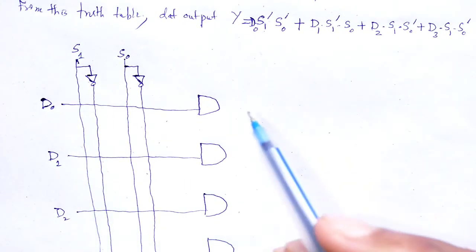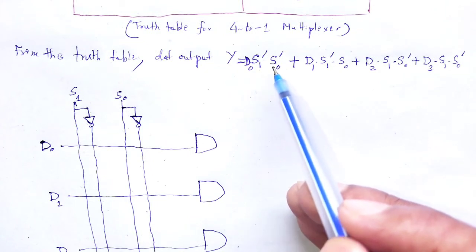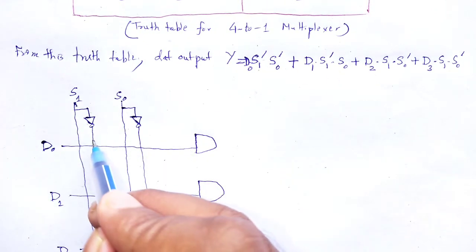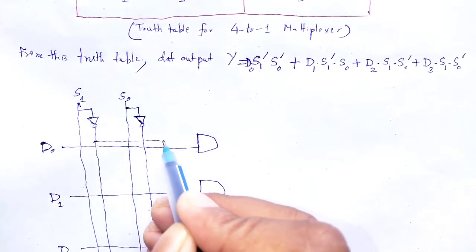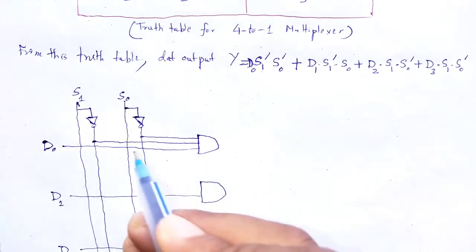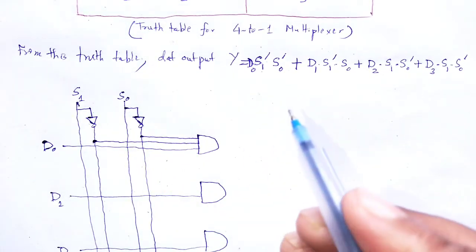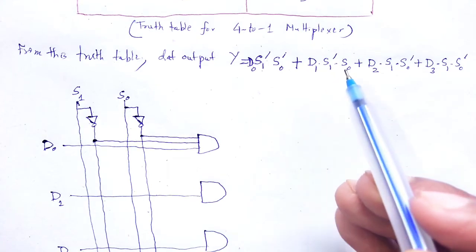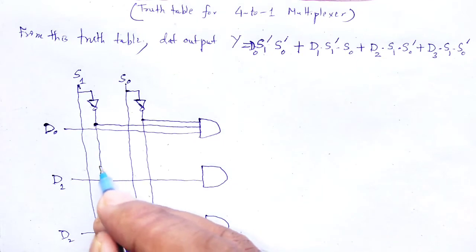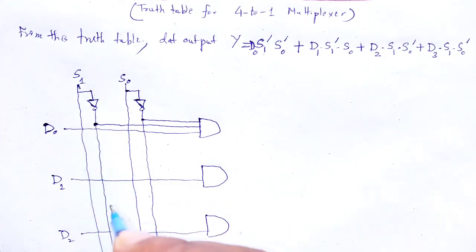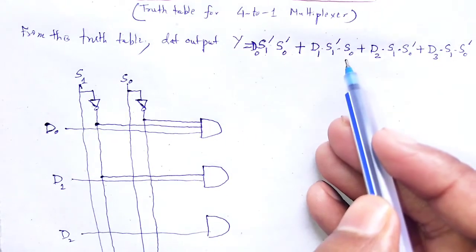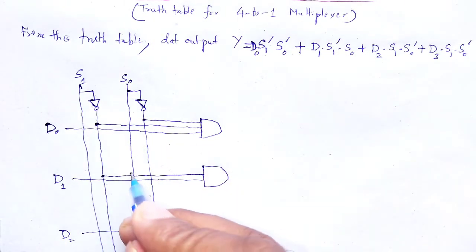Now first D0 S1 dash S0 dash. Next D1 S1 dash S0, that is the S1 dash line, next S0, this is the S0 line.